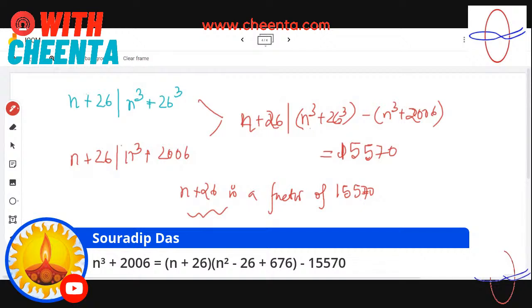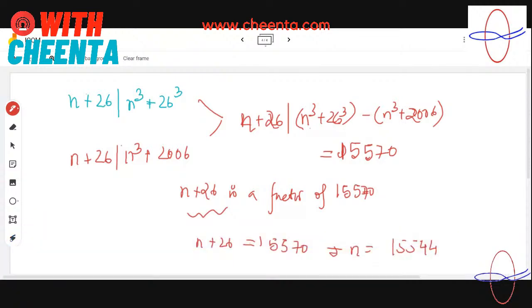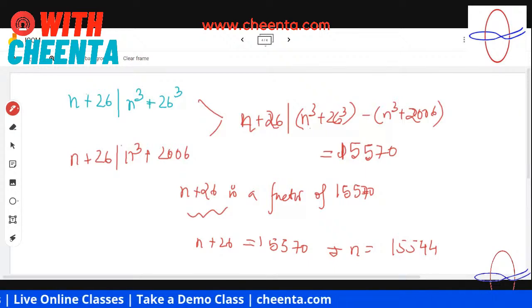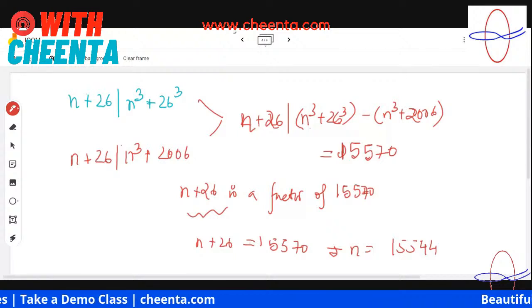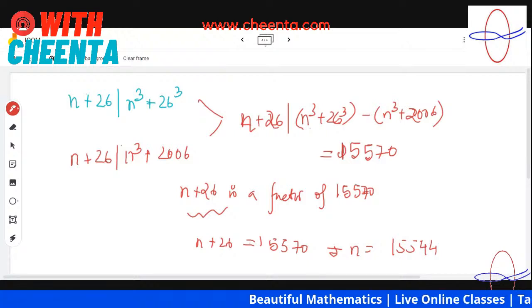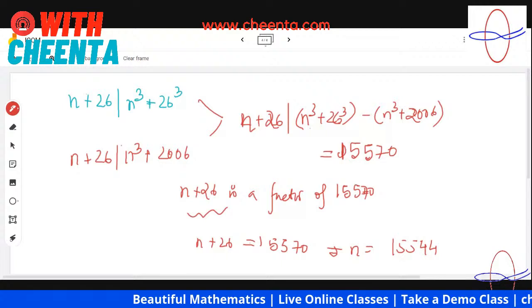Did you understand, Tishika, now? Amit, did you understand? All of you understood? Any doubts, guys? I haven't received it yet. Sauradeep.